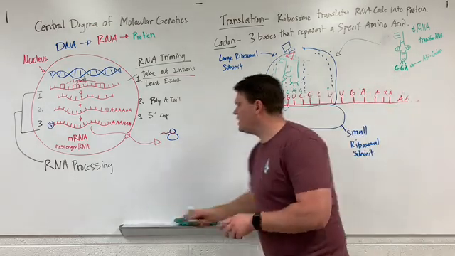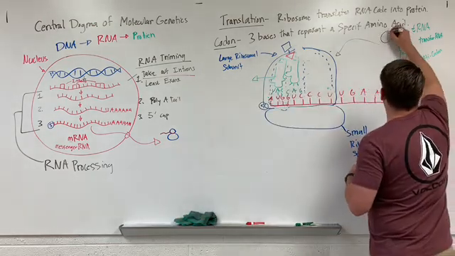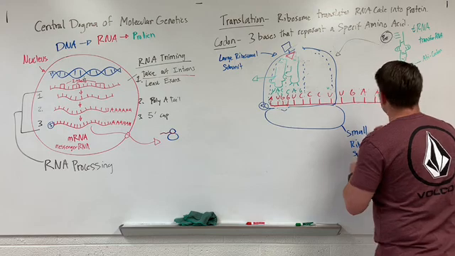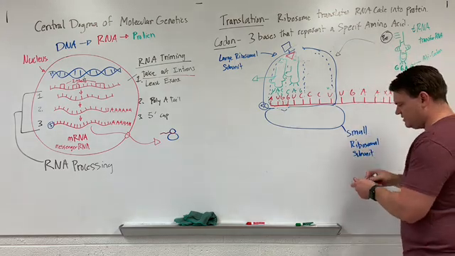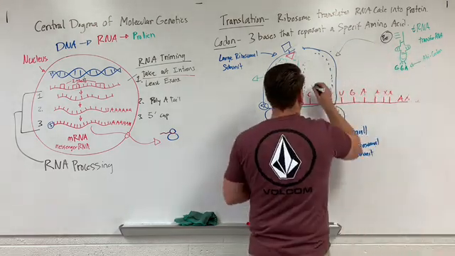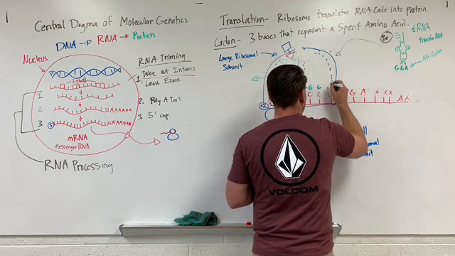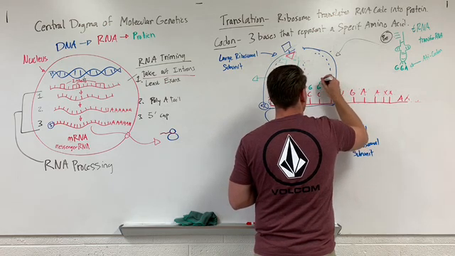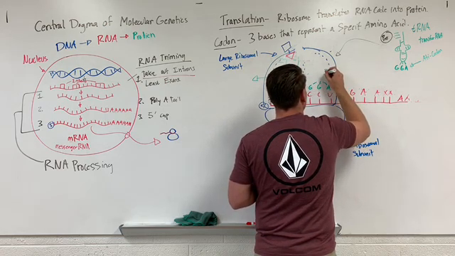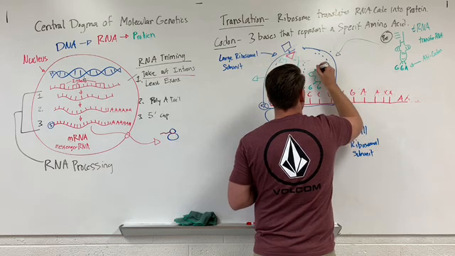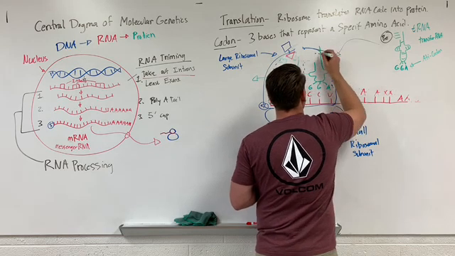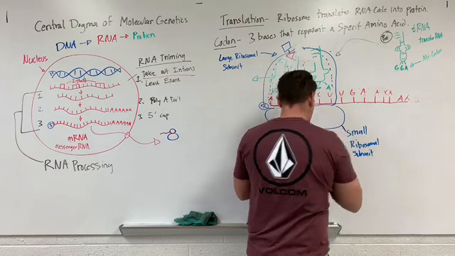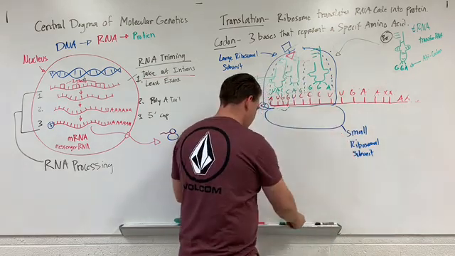And we're now going to have proline as our amino acid. This is going to come into here. So GGA is going to come into here to the A site.